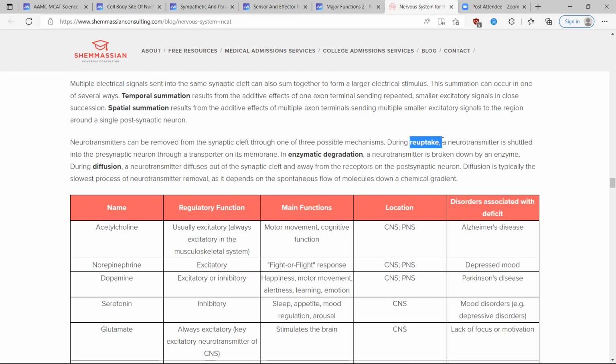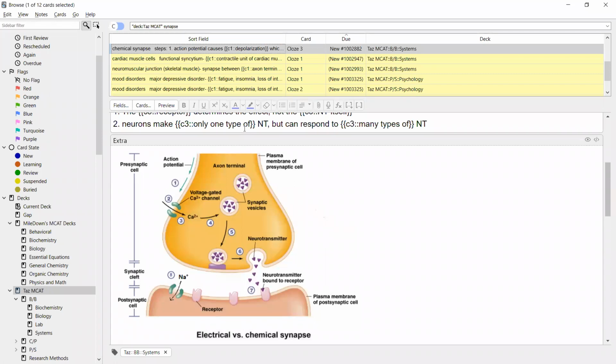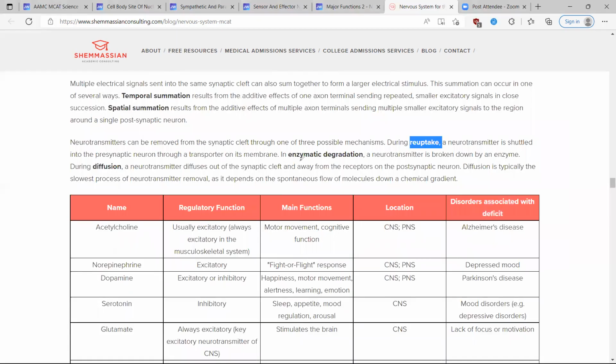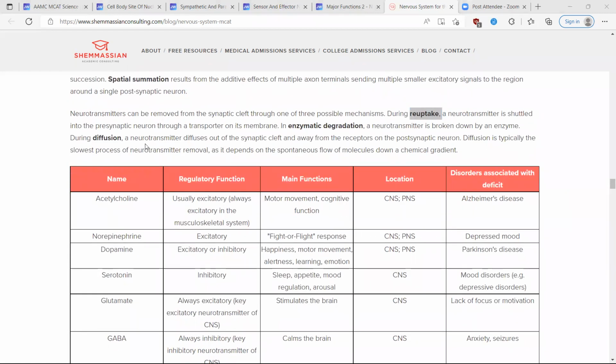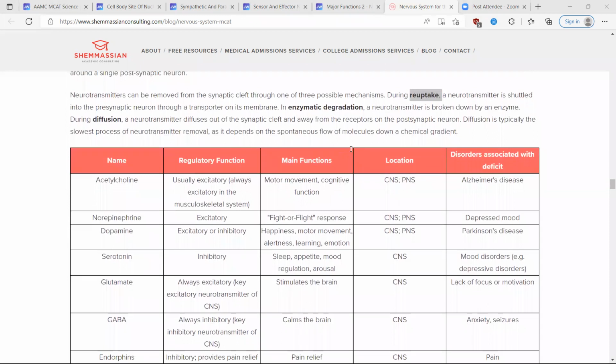There's reuptake, which is that the presynaptic neuron reclaims its neurotransmitter. So in some way, this stuff will get bundled up and will go back up into the original neuron. That's one way. Another way is enzymatic degradation, where an enzyme comes in and just destroys, well, not destroys, but catalyzes the neurotransmitter. And then diffusion, where the neurotransmitter just diffuses out. And so there's various different ways for that to happen.